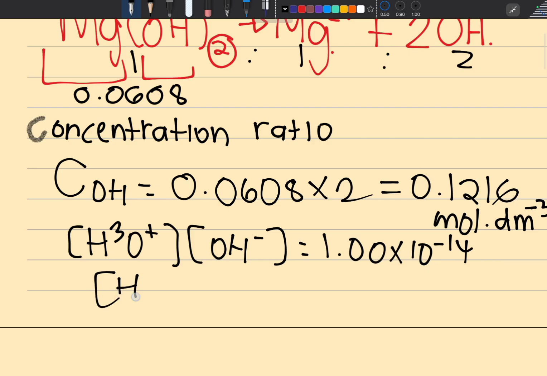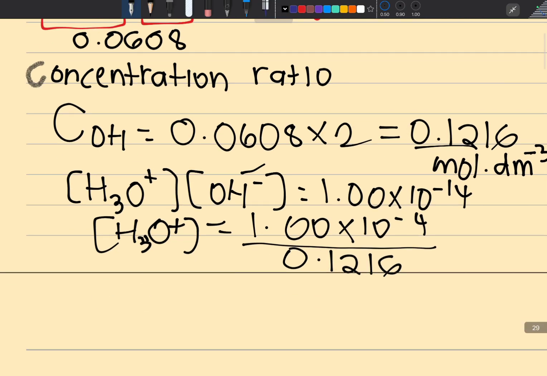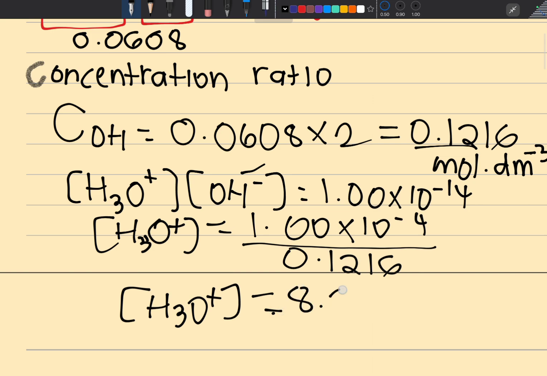The concentration of the hydronium ions is going to be 1,00 times 10 to the power negative 14 divided by the concentration of OH minus, which is 0,1216. So H3O+ is 1 times 10 to the power negative 14 divided by 0,1216, and I get 8,2237 times 10 to the power negative 14.